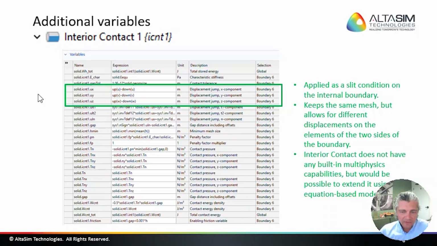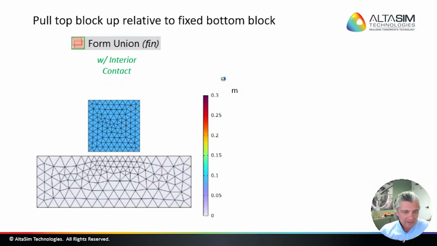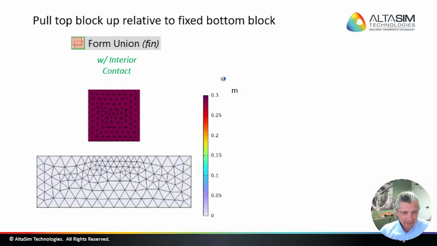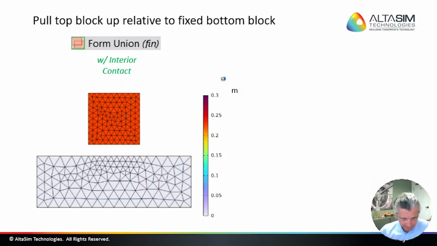And this will allow for forced conformal meshing, but it will introduce separate degrees of freedom on the upside and downside and allow for the standard penalty and augmented Lagrangian contact definitions with a simplified geometric setup and simplified meshing strategy.